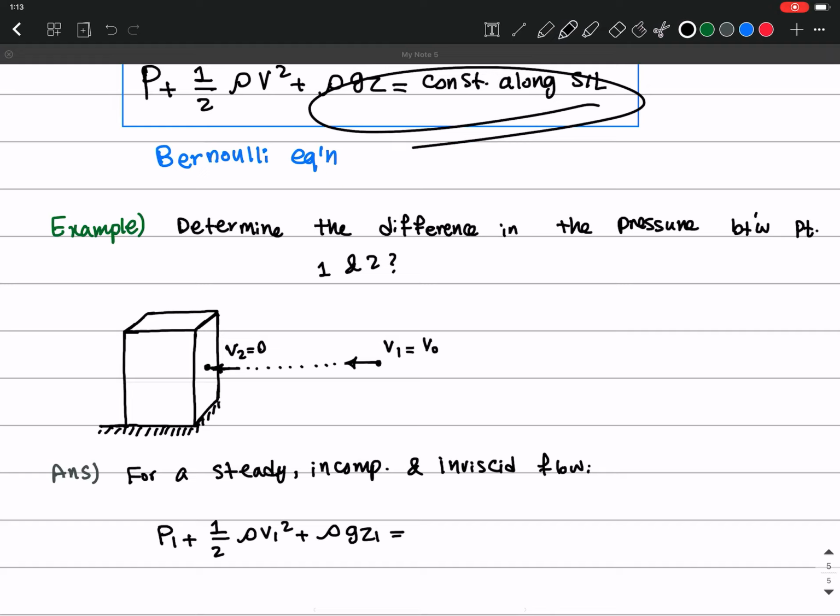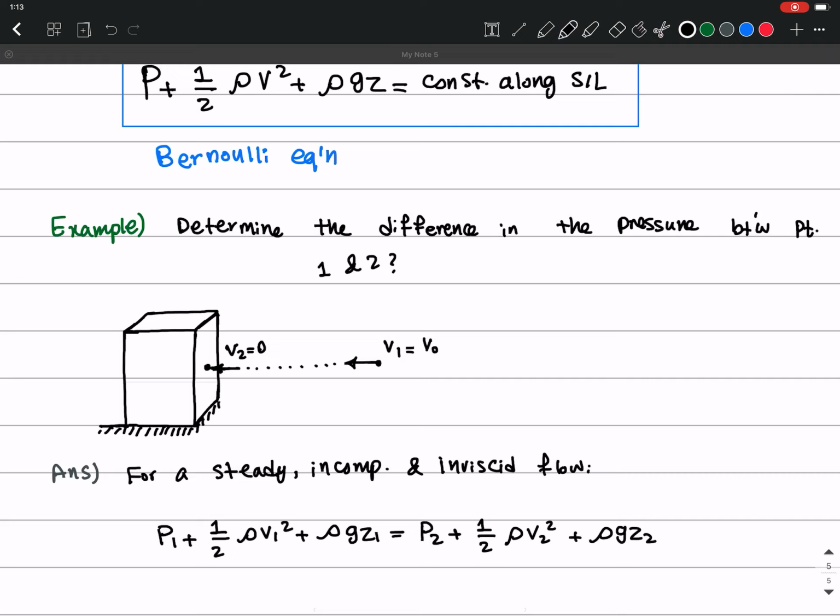So it's going to equal the same Bernoulli equation at point 2, so equals P2, pressure at point 2, plus 1/2 rho V2 square plus rho GZ2. Okay.